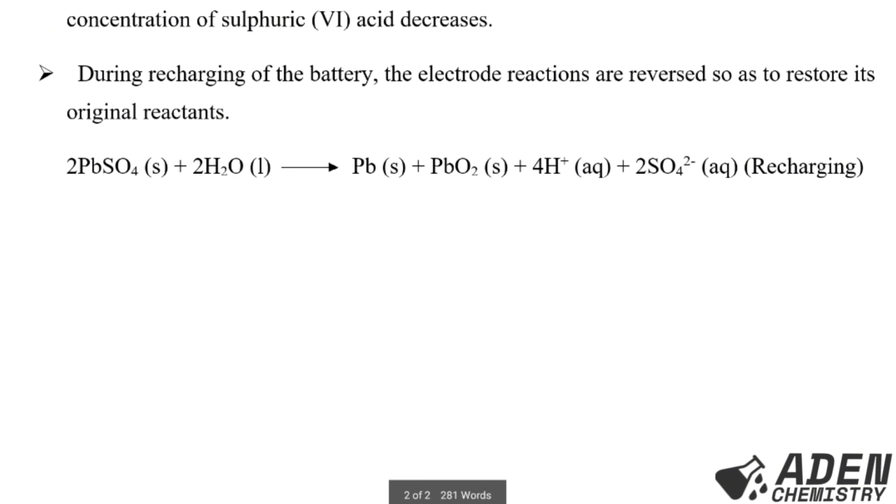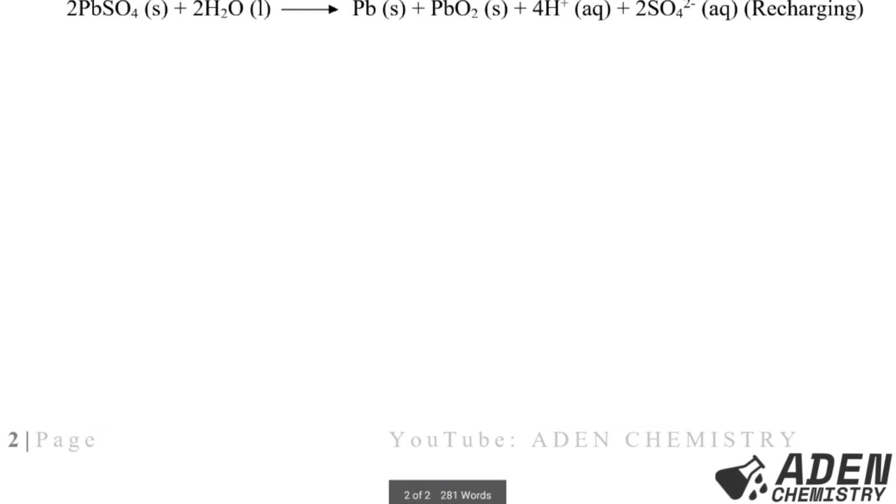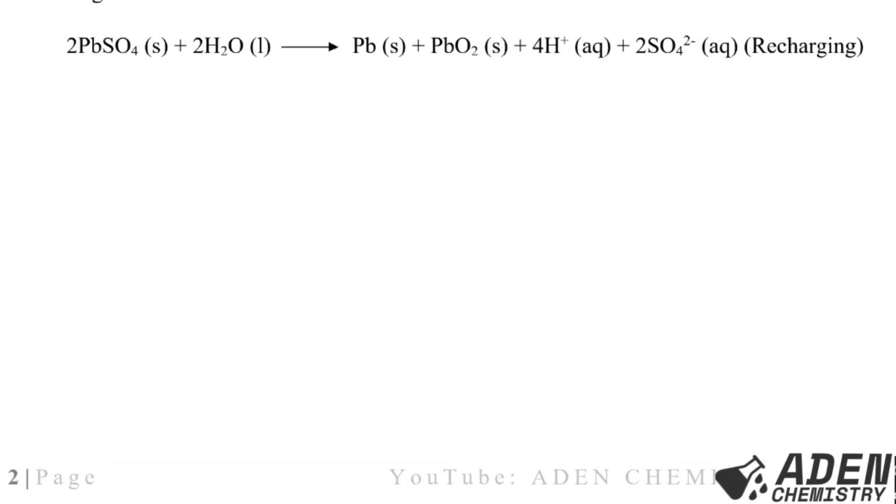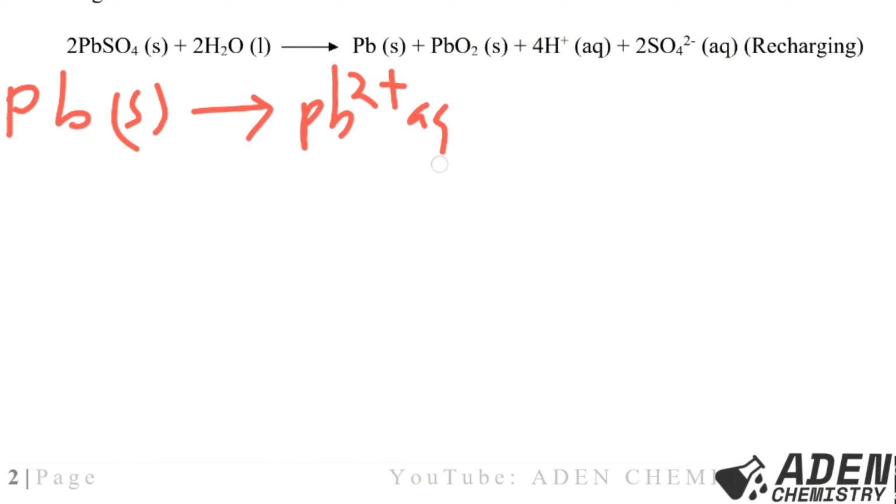First of all, we are supposed to know our reactants. We start with the first reaction: lead solid, or lead plate, losing electrons to form lead 2 ions aqueous plus 2 electrons lost.